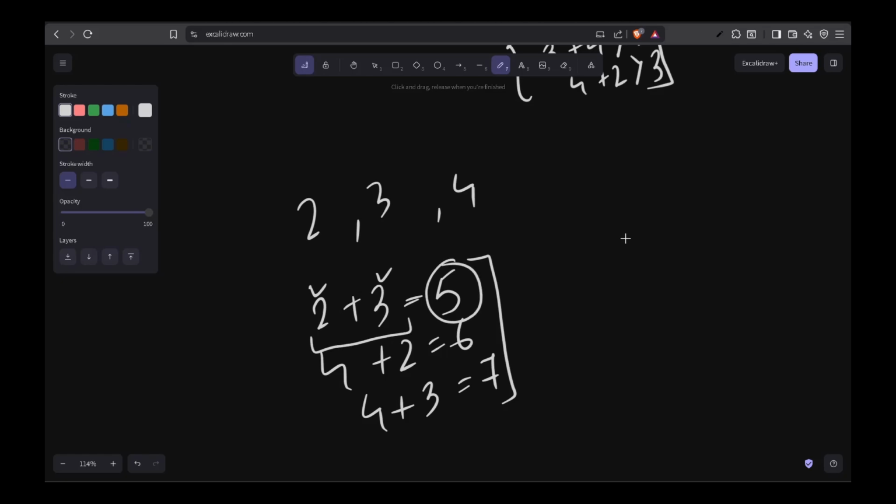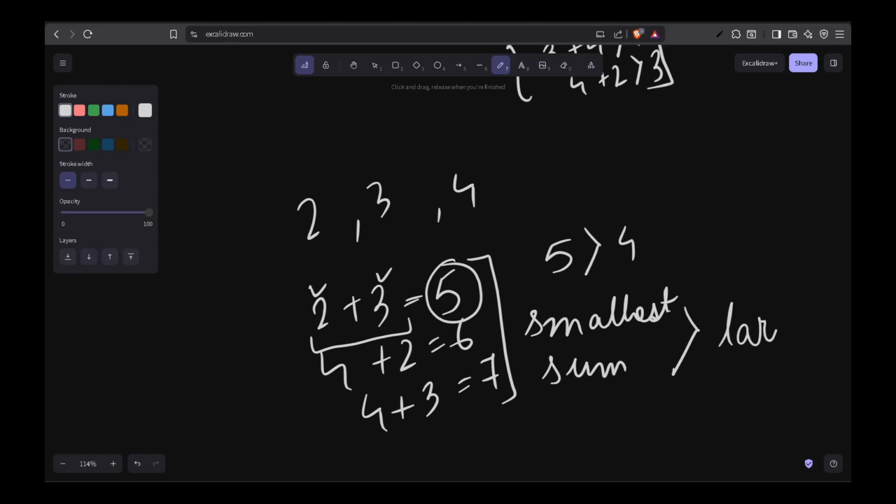So if 5 is larger than 4, what this says is the smallest sum is larger than the largest side, right? So if the smallest sum is larger than the largest side, the larger sums will definitely be larger than the other smaller sides, right?